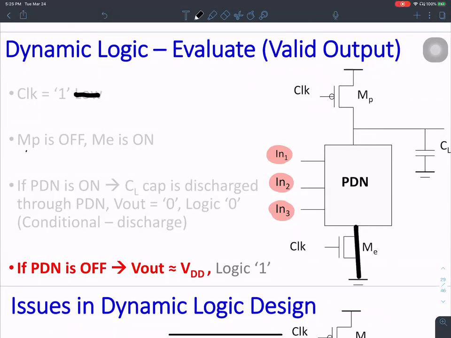Any volunteers? Okay, so the problem typically comes from this capacitance here. The problem in dynamic logic gates always comes from the dependence on capacitance.